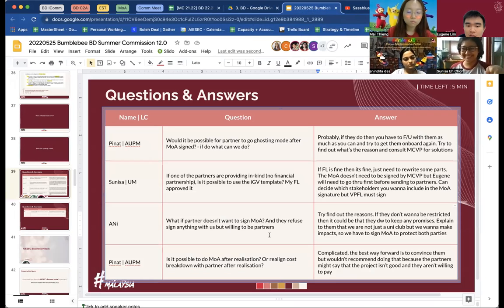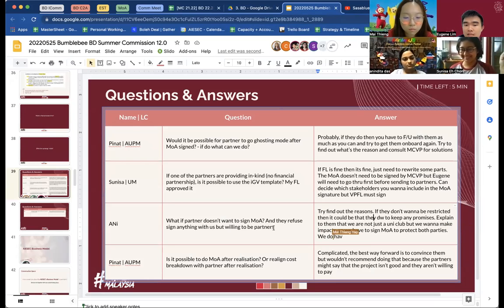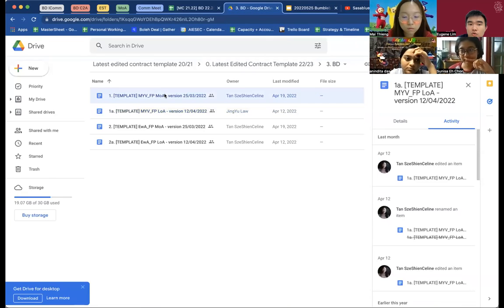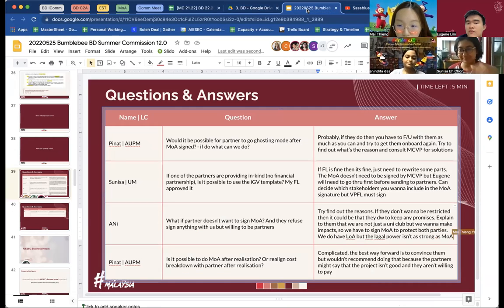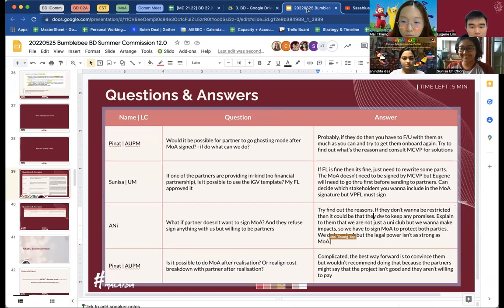And if in the end you still want to go with this partner without signing an MOA, strongly not recommended. Even for an LOA, also not recommended. Only recommend going back to an MOA. But if you do go with an LOA or you don't sign with this partner, you need to be very clear on the consequences.